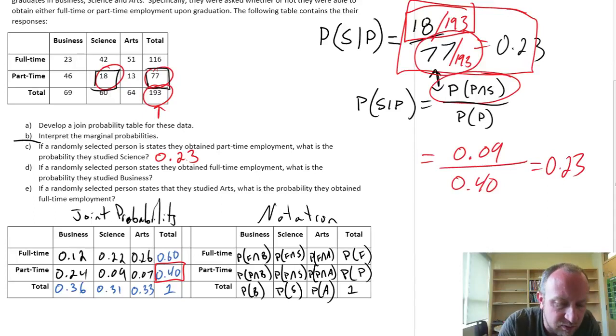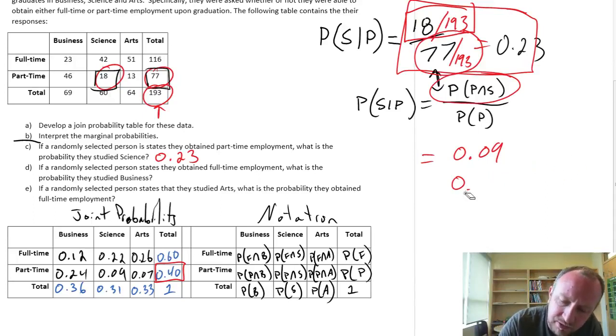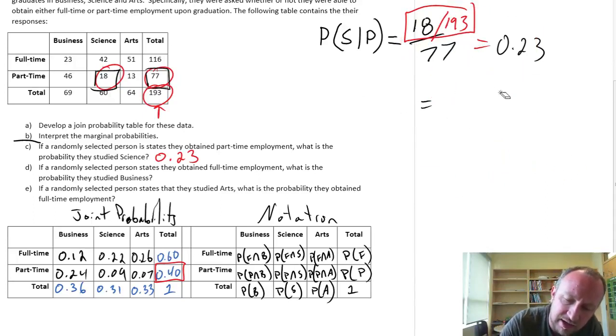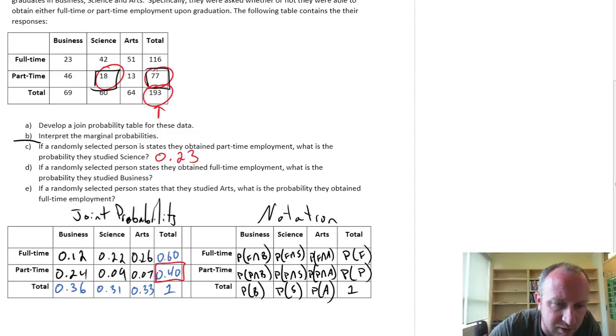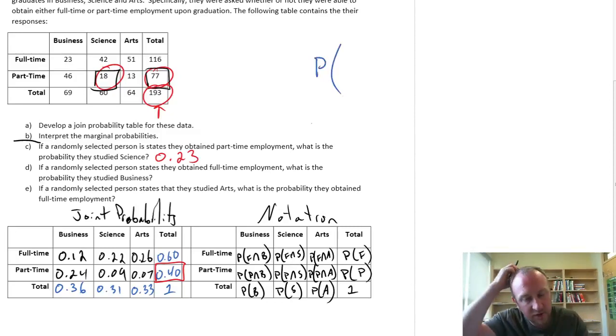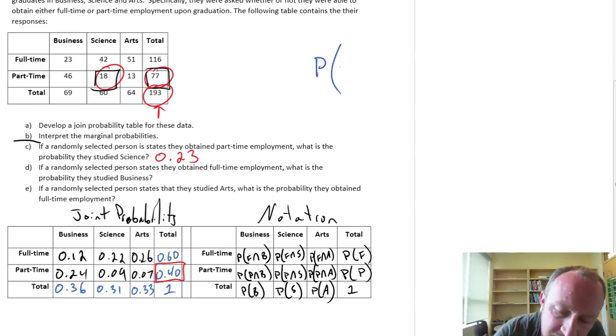Okay. Now if we go on to part D, let's go through this in the same manner again. Part D: if a randomly selected person states that they obtained full-time employment, what is the probability they studied business? So what's the probability that you studied business given that you obtained full-time employment?